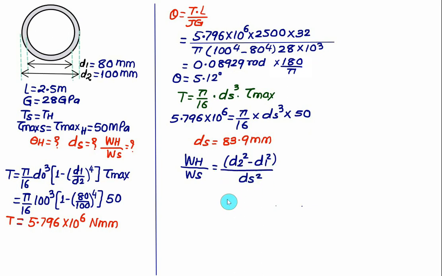Let's substitute. d2 equal to 100, so we have 100 square minus d1 equal to 80, so 80 square. The whole thing is divided by the diameter of the solid shaft, which is 83.9, and we have to take the square of it. So the weight of the hollow shaft to the solid shaft comes out to be 0.51. It means that the weight of the tube is 51% of the weight of the solid shaft.